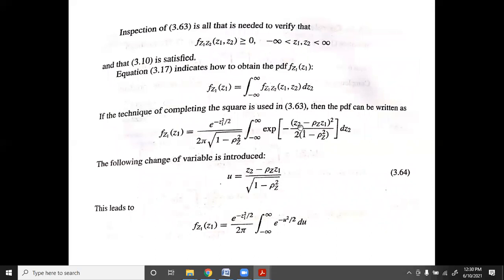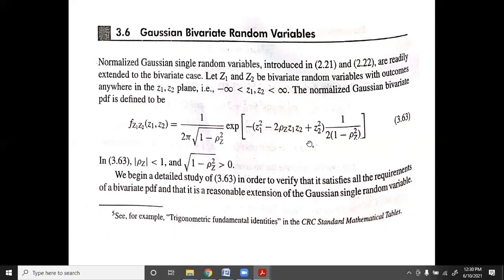So we can write two different quantities here. This quantity is z1 minus rho z z1 whole squared, or you can write it in a slightly different way. In place of this, I can write rho z z2 squared minus rho z z2 squared, two different terms.